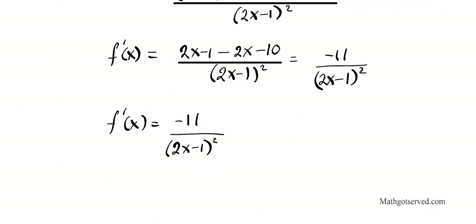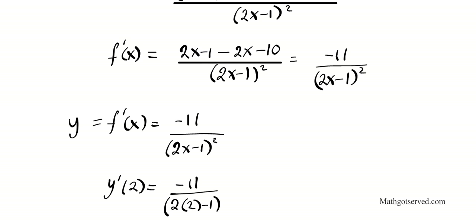So y prime of 2 basically means we're just going to plug in 2 into my x's. Remember, y is equal to f of x, they mean the same thing. So we're going to have negative 11 over 2 times 2 minus 1 quantity squared.